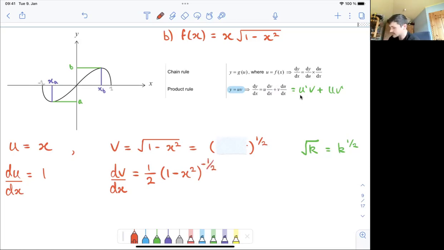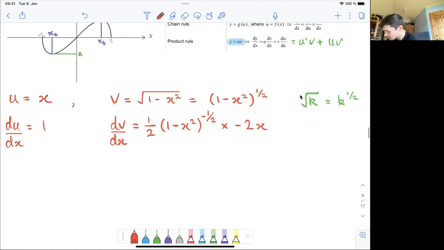The next step is to multiply by the derivative within the bracket. So you differentiate the bracket as a whole and then multiply by the derivative within the bracket. The derivative of 1 minus x squared is negative 2x, so we'll put times by minus 2x.